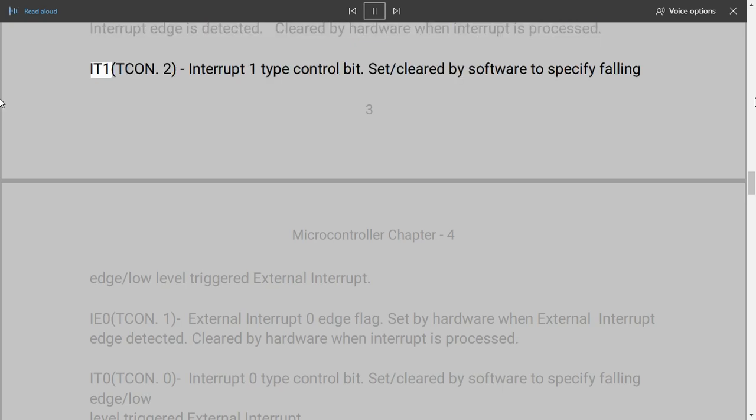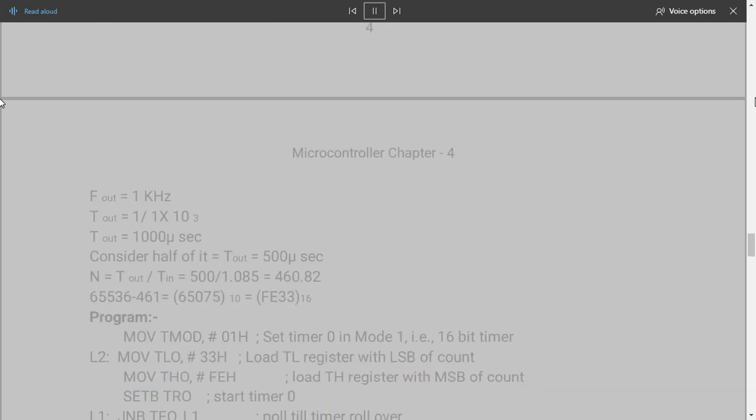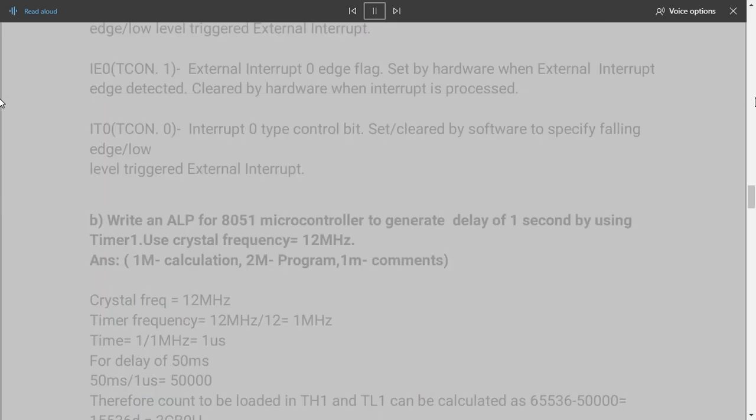IT1, TCON.2, Interrupt 1 Type Control Bit. Set/cleared by software to specify falling edge/low-level triggered external interrupt.